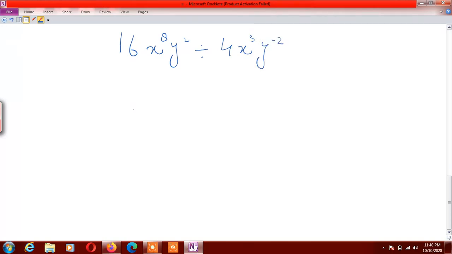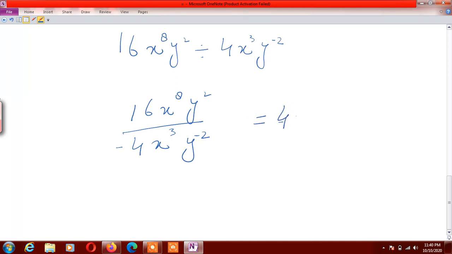First, we can write this question in this way also: 16x power 8 y square divided by 4 x cube y power minus 2. So here if we divide 16 by 4, it is equal to 4, because 4 ones are 4 and 4 fours are 16.